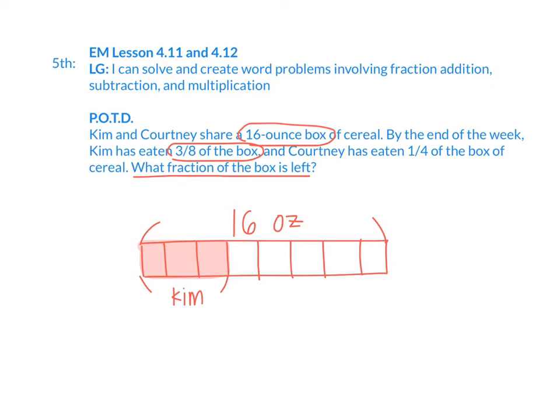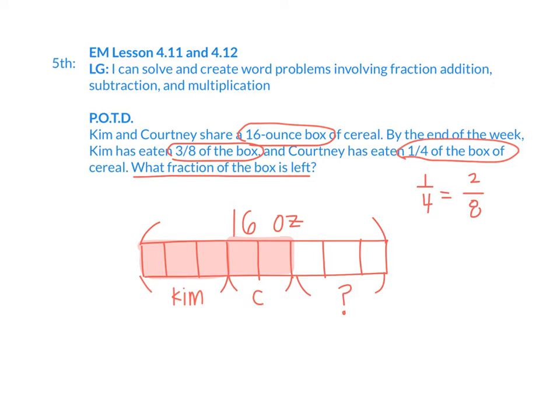Okay. We also know that Courtney has eaten 1/4 of the box. I know that 1/4 is the same as how many 8ths, since I've now split my box of cereal up into 8ths. 2 8ths. So I can show that Courtney has eaten 2 8ths. C for Courtney.